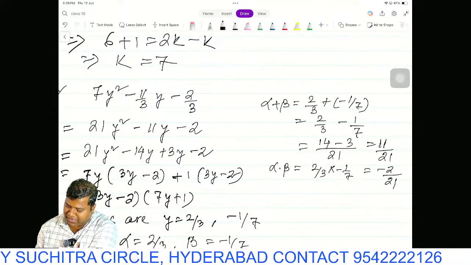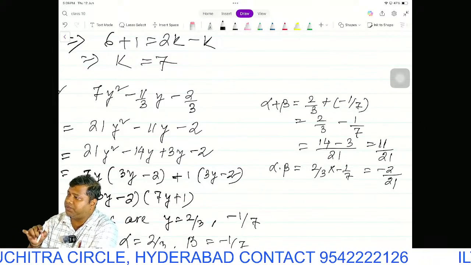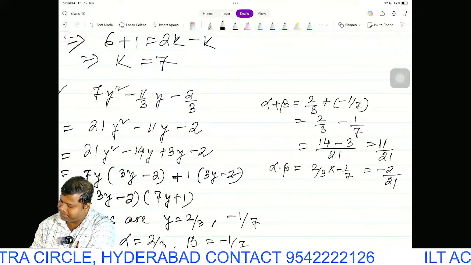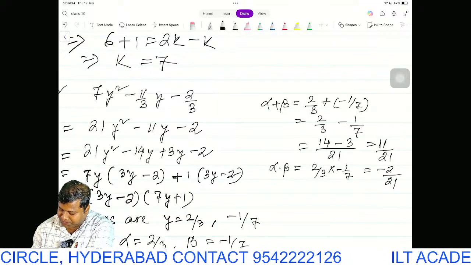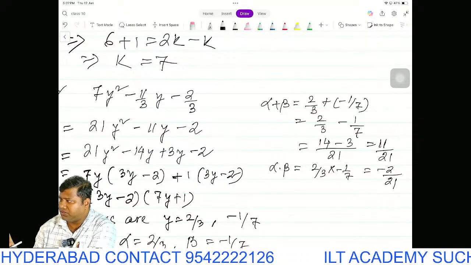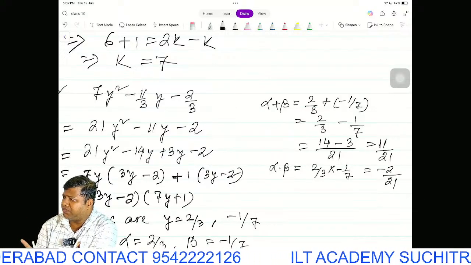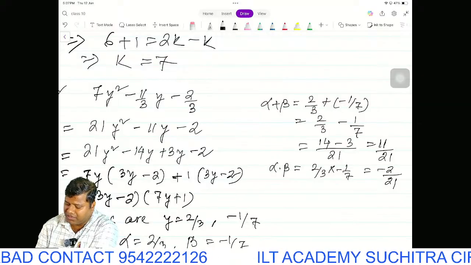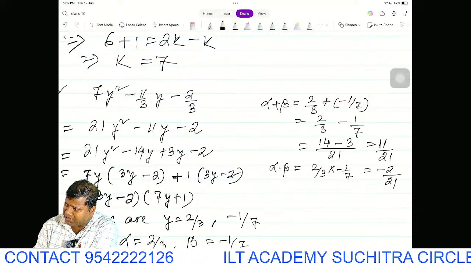Now we need to find the value of minus b by a and c by a. How are we going to get the values of a, b, c? We need to compare the standard one, ax square plus bx plus c, with the given polynomial.